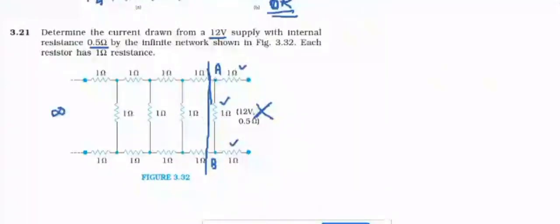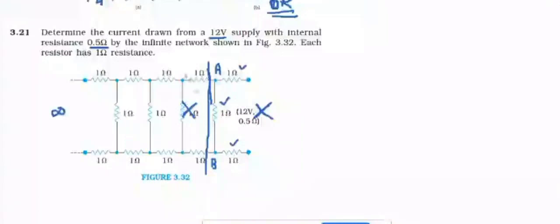Being an infinite unit network, even though 1 unit is removed, that cannot make any difference. Therefore, the remaining network also will have a resistance X.